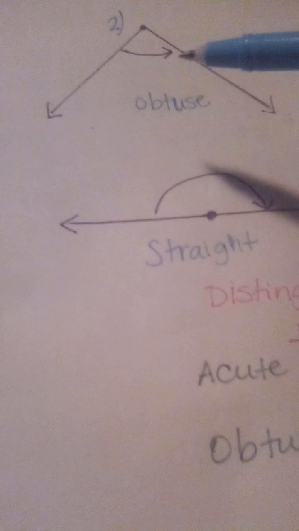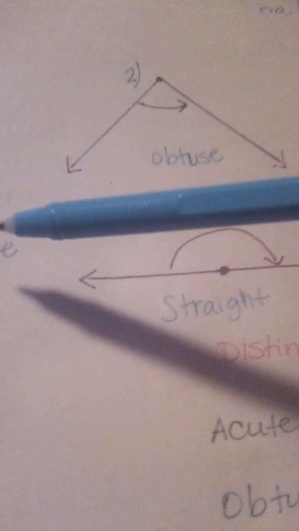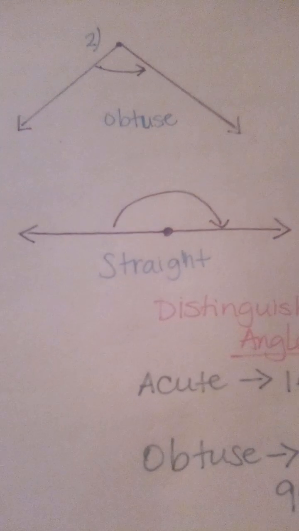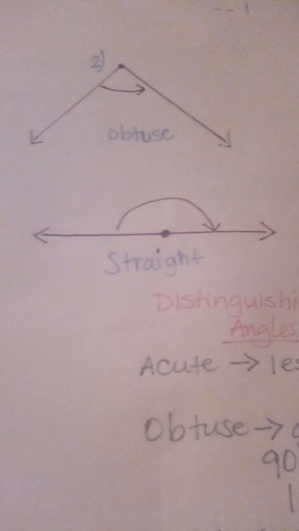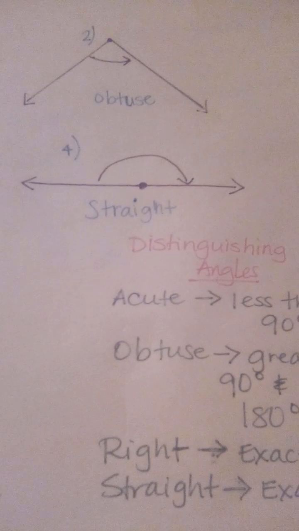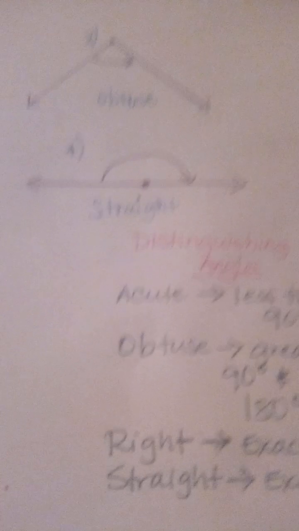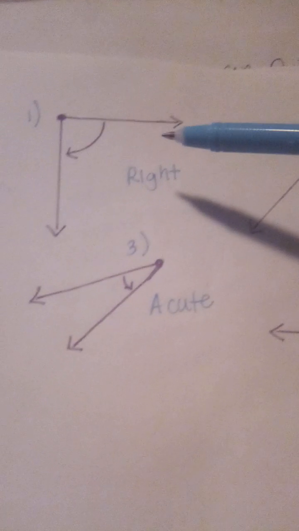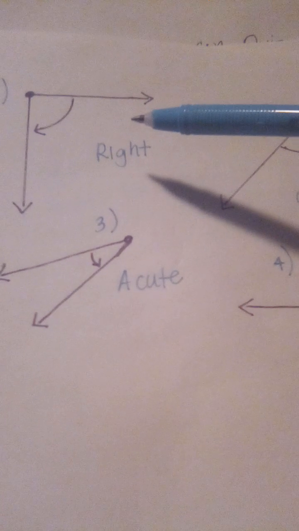If you said straight, you're correct because this one is totally different from the previous ones. It's a straight line, which is an indication that it is a straight angle. Any questions on number four? All right, there you have it. A right angle measures exactly 90 degrees.